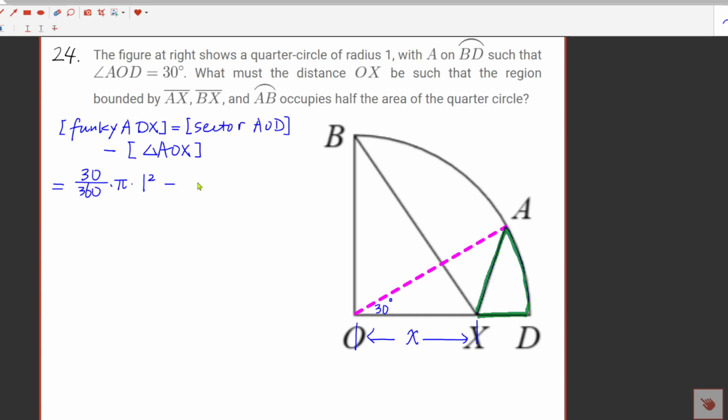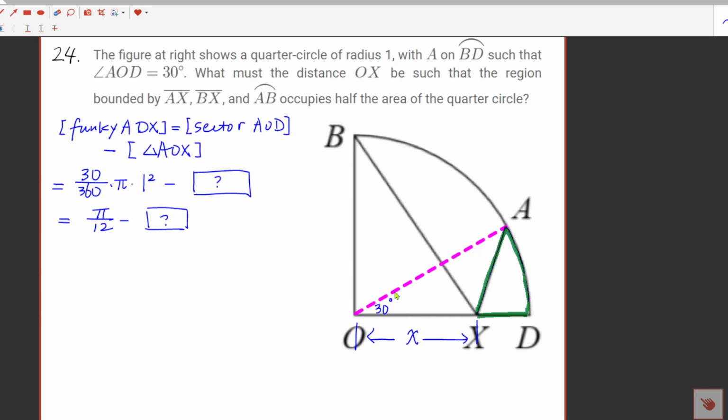And the area of the triangle AOX can be calculated in terms of x. So we don't know this number yet. That's pi over 12 minus, don't know this number yet. Let's try to find the area of AOX.